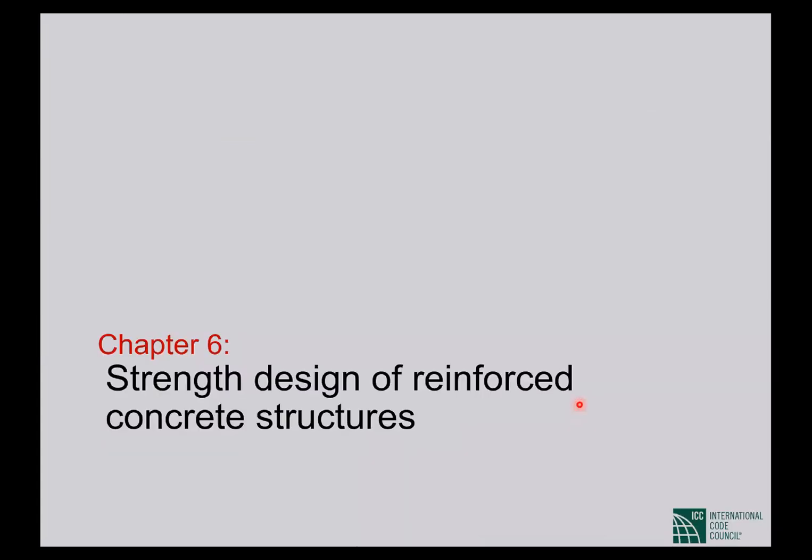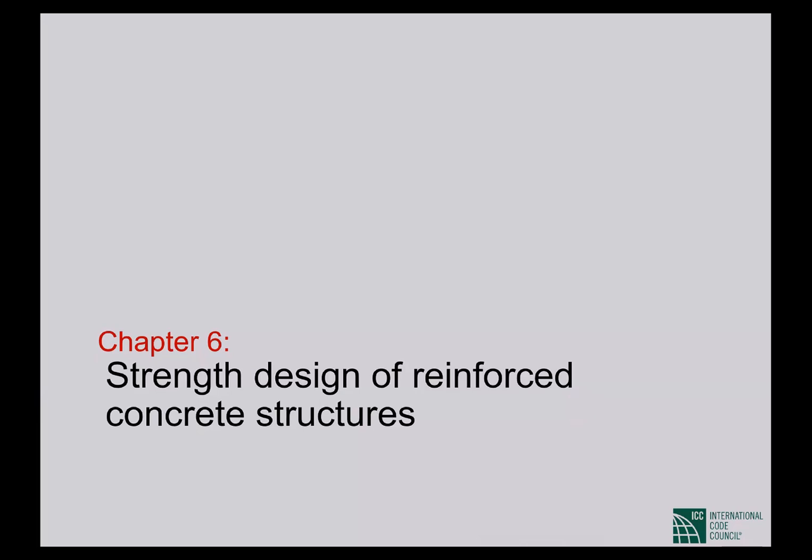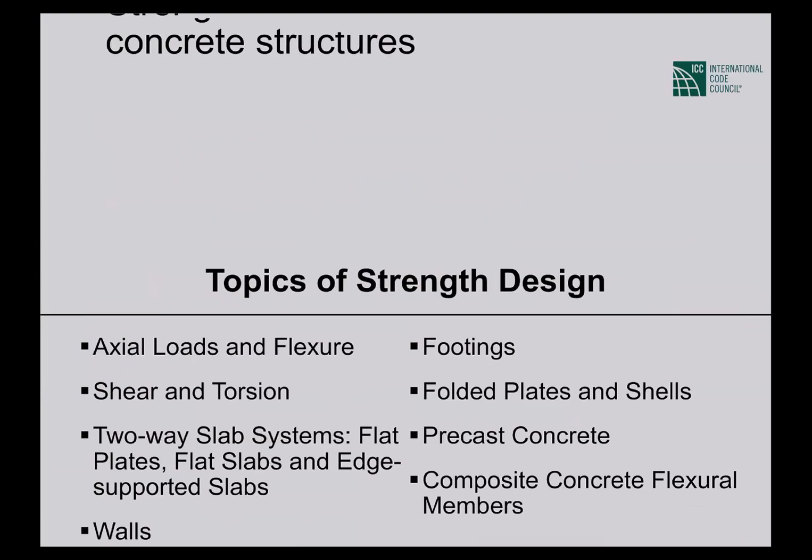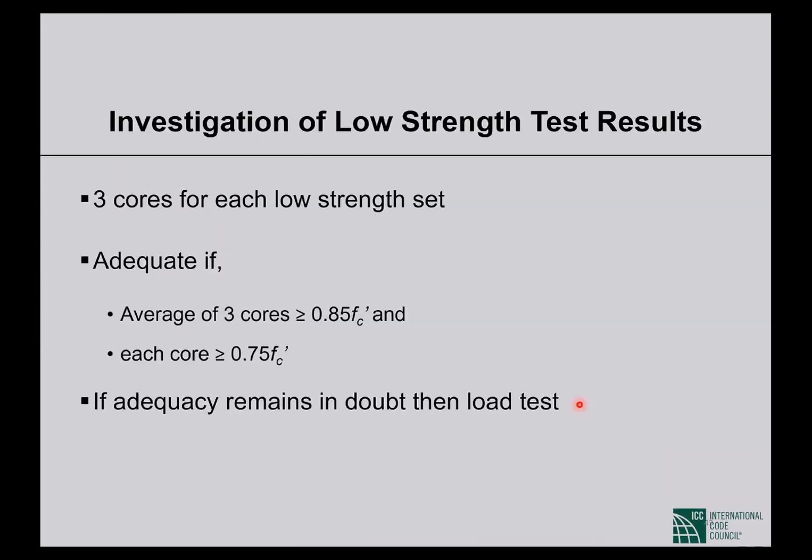Okay. Regarding chapter 6, strength design of reinforced concrete structures. Oh, I forgot to mention that in chapter 5, concrete materials, all the things are similar to the previous version except one. In this version, there is mention of shotcrete, a different type of concrete application.